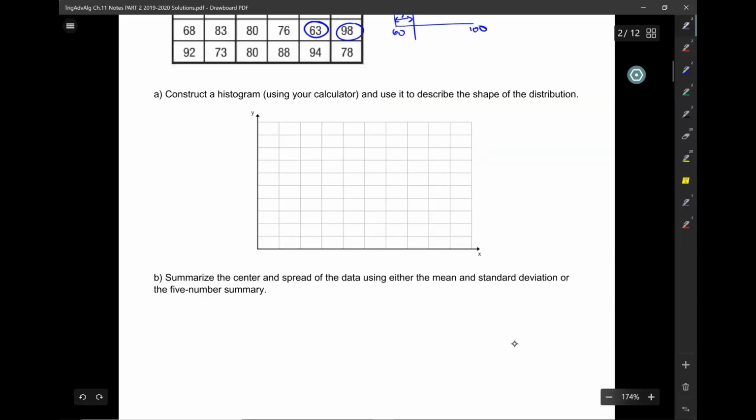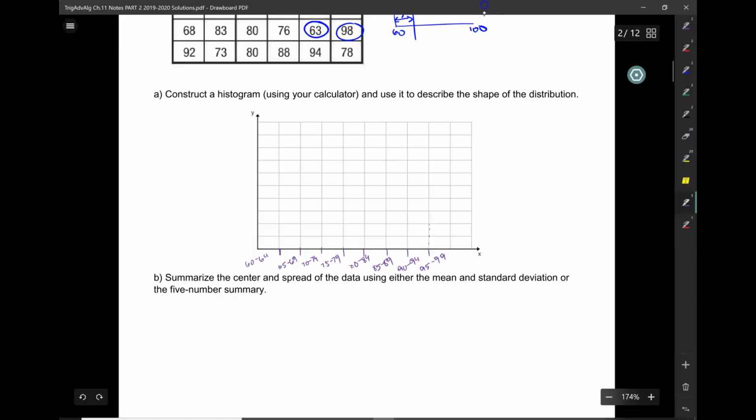It's going to go 60 to 64, 65 to 69, 70 to 74, 75 to 79, 80 to 84, 85 to 89, 90 to 94, 95 to 99, and that's good enough. So this is where we're going to end.